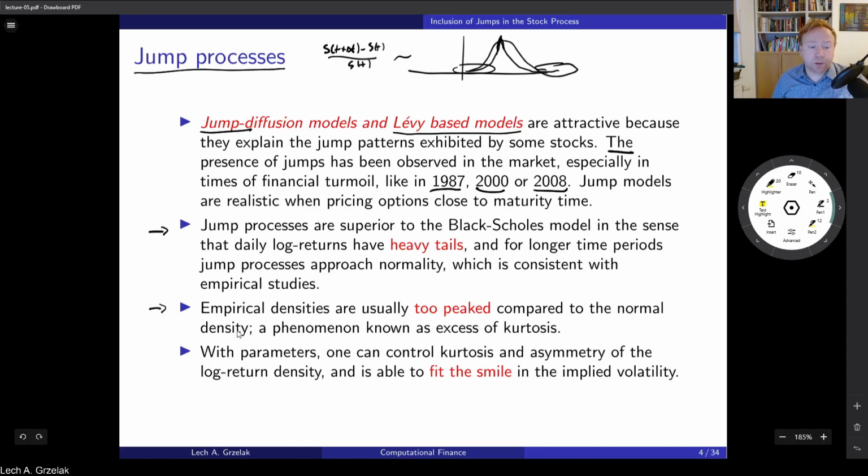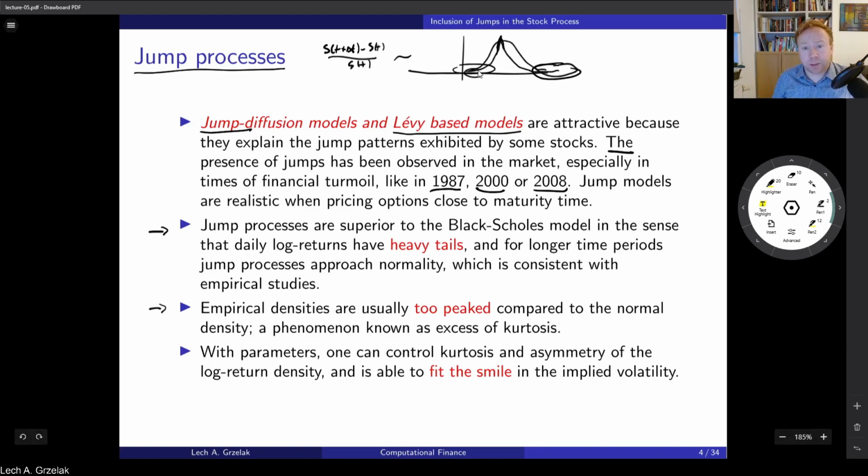The final point here is that with parameters we can control the kurtosis and asymmetry of the log return density. If we have additional parameters which correspond to jumps, we can specify whether we have many small jumps or large jumps.